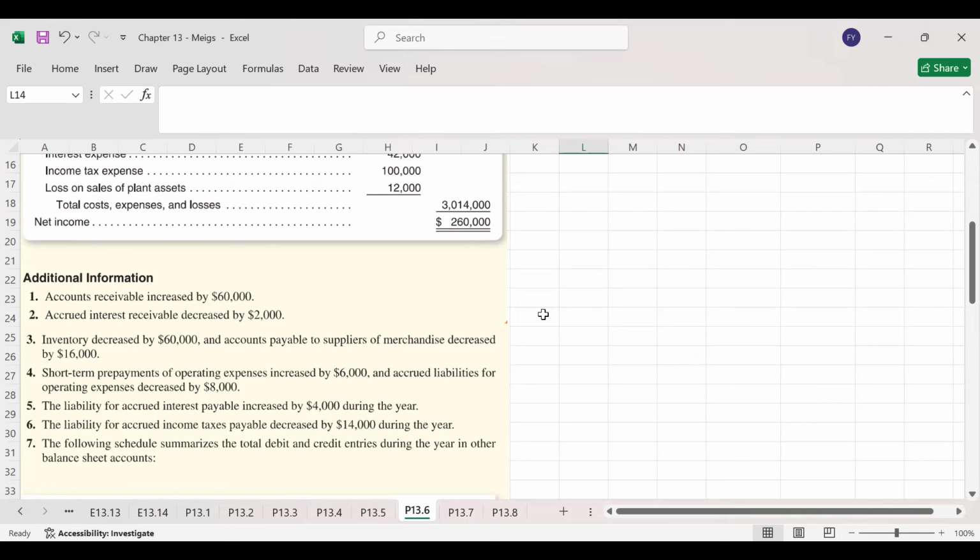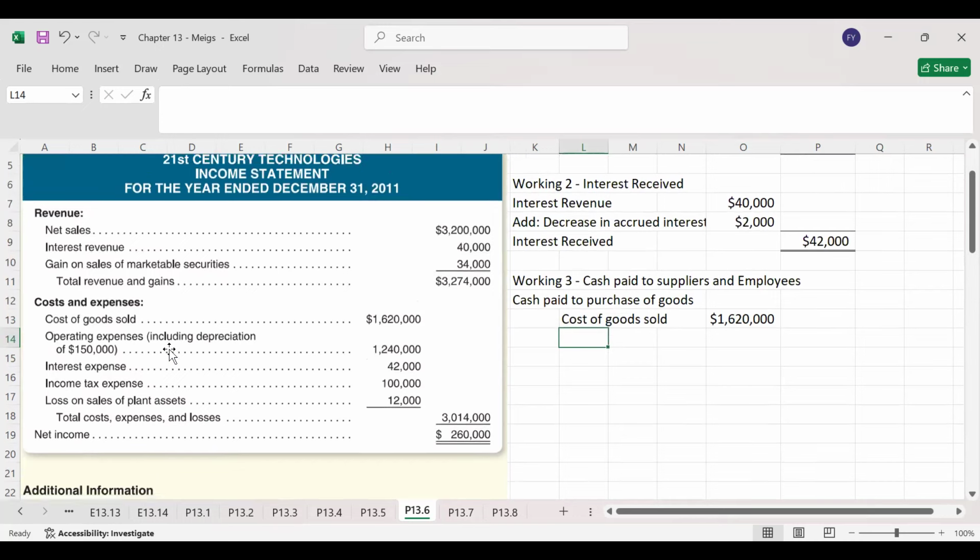So inventory is decreased by 60,000. We are going to deduct any decrease in inventory, which is $60,000.